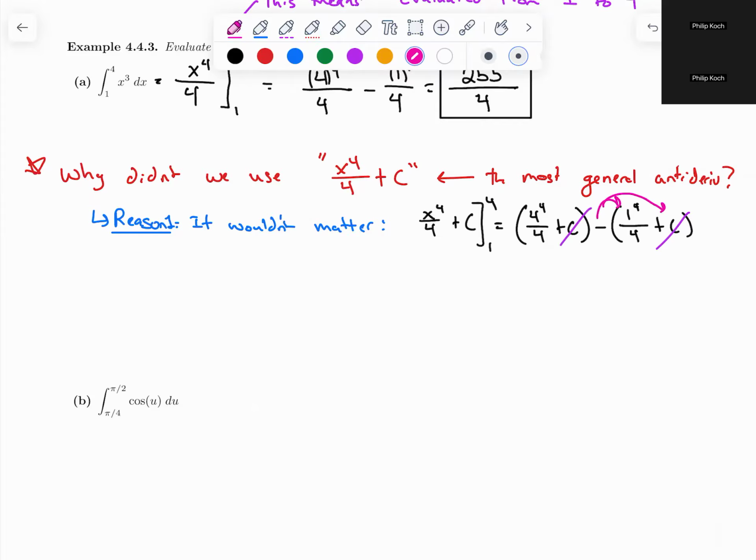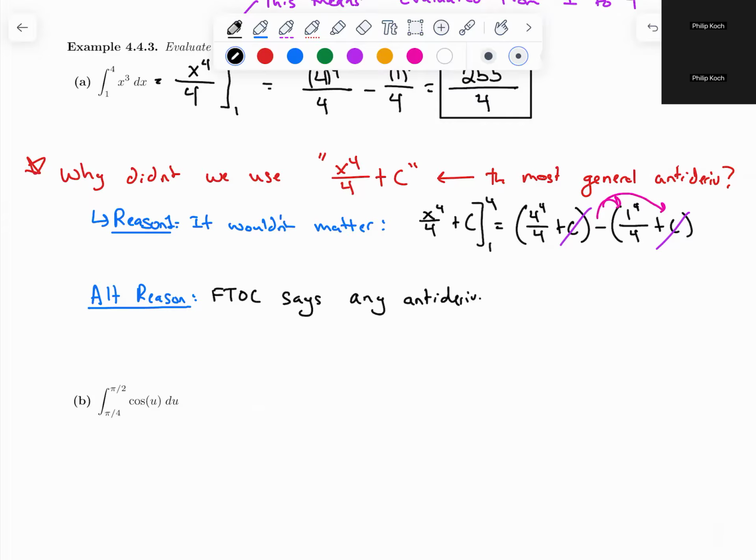It isn't needed. It'll just cancel out anyways. That is reason number one, but there's a more clever reason. The alternative reason: if you look back at the fundamental theorem of calculus, it says if capital F is an antiderivative.